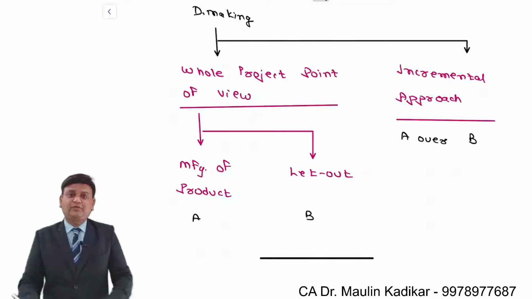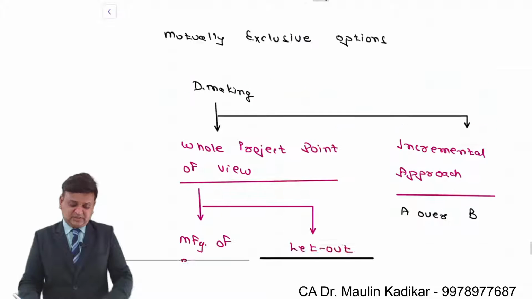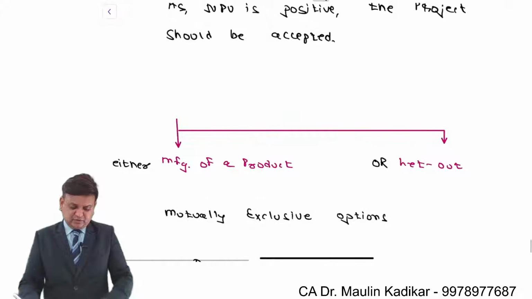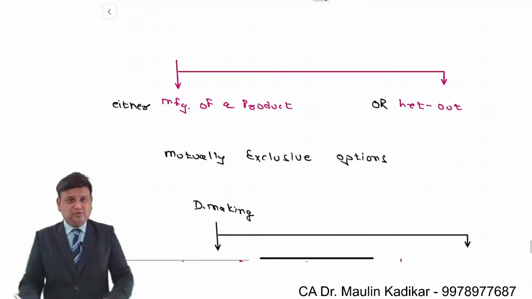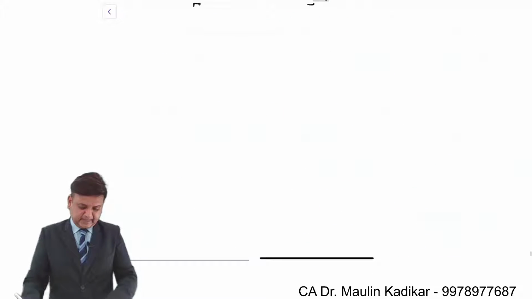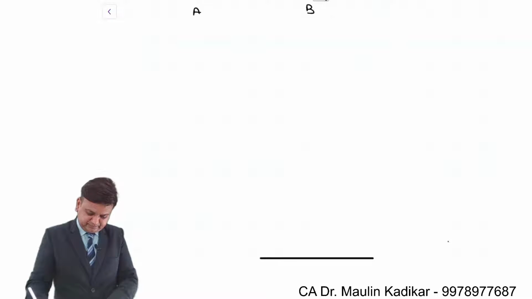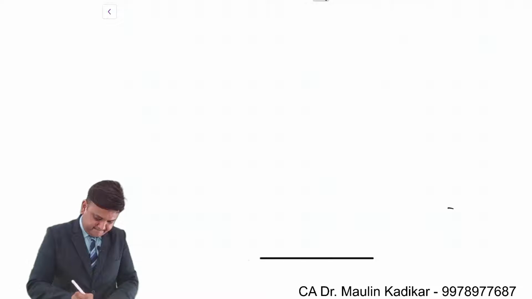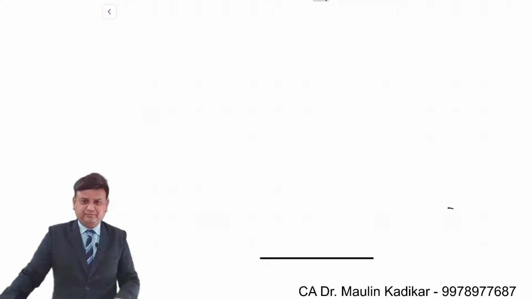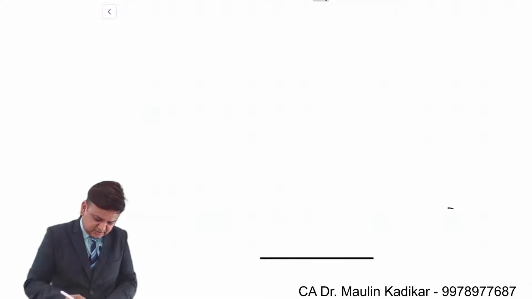So from examination point of view, both approaches are acceptable. Since it is an initial question, we will be solving the question by both the methods, from whole project point of view and at the same time let out option. That will answer the question.